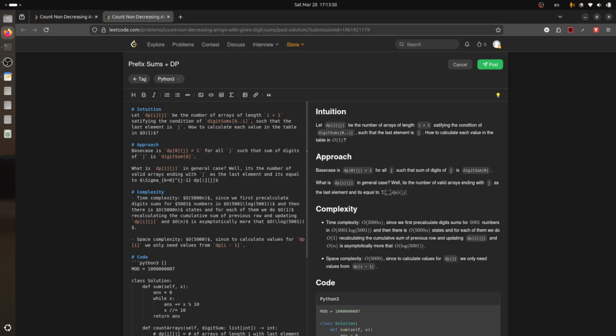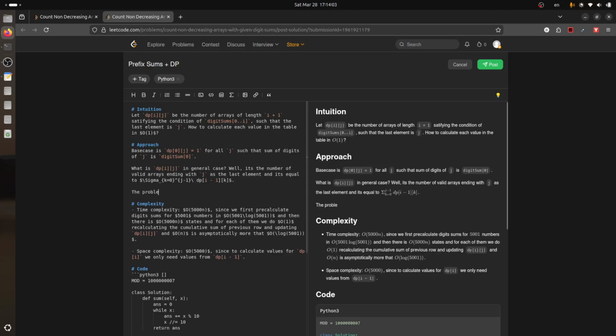It's equal to this because that is the number of ways we can do subarrays of length i-1, and the last element should be k. The last element is smaller than or equal to j, which is the element we want to place there, obviously.